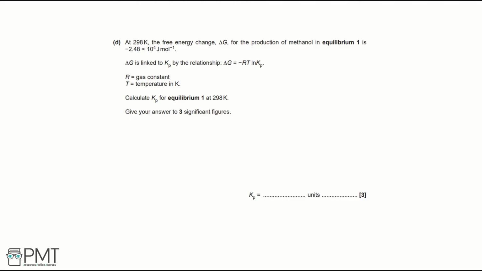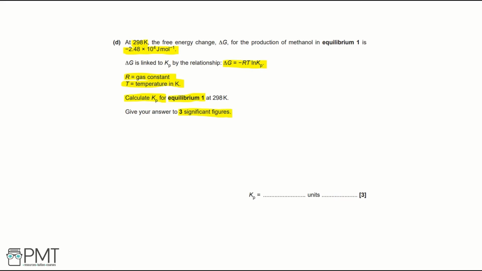The first thing we're going to do in this question is highlight the important bits of information. So firstly, the temperature we're given, the joules per mole or the delta G value, then that we have this equation, what each one stands for in the equation, so R is gas constant and T is temperature, and we need to calculate Kp for equilibrium 1 to 3 significant figures.